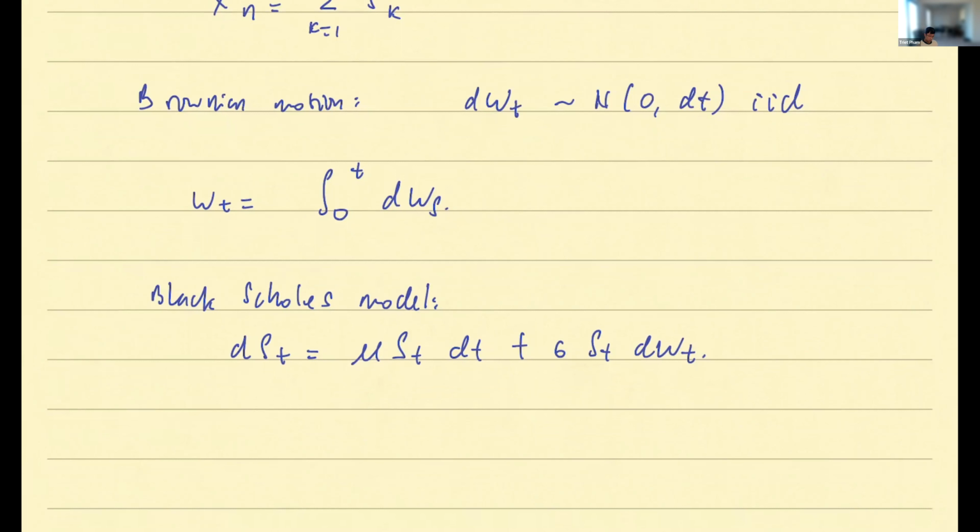So this is a very, very standard way to write the Black-Scholes model. And actually, where it comes from is like this. What you're seeing is the percentage return, the rate of return. And this is the volatility.